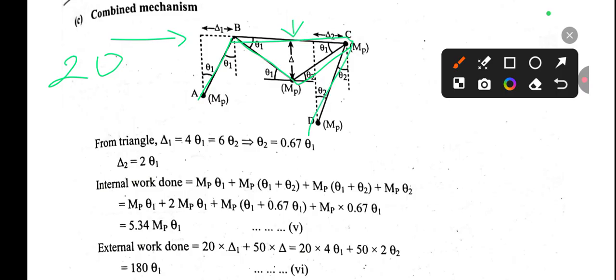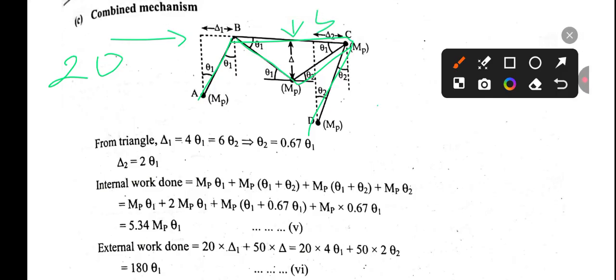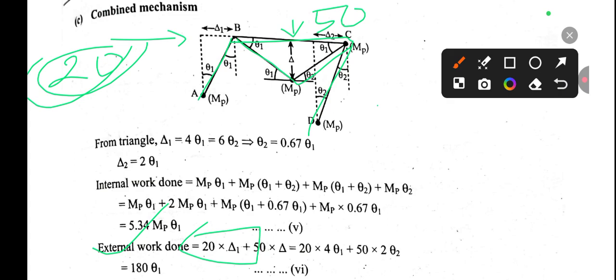So we have two different loads: this one is the 50 kilonewton vertical load, and this is the horizontal load of 20 kilonewton. In this case we have external work done due to two different loads: 20 into delta 1 for this portion, and 50 into this delta for the vertical load.